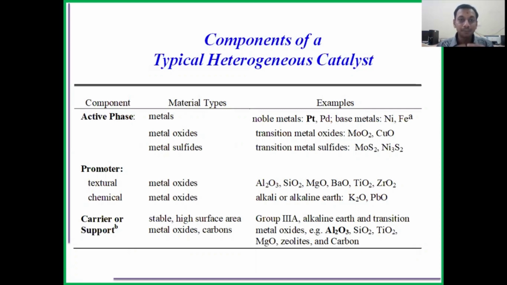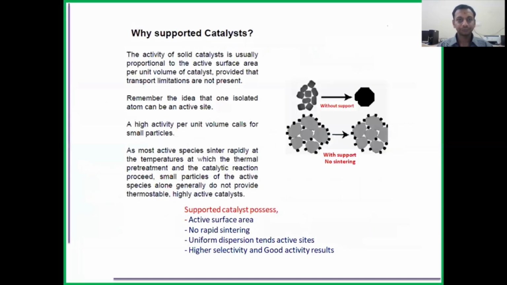They provide support to disperse the metal particles. So a high surface area support is very good because we can get good dispersion of metal particles, which can be nanoparticles also. So why a supported catalyst? Just now I mentioned that with support no sintering occurs, because sintering is very dangerous in catalysis.